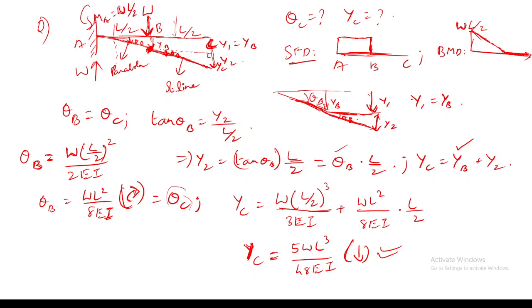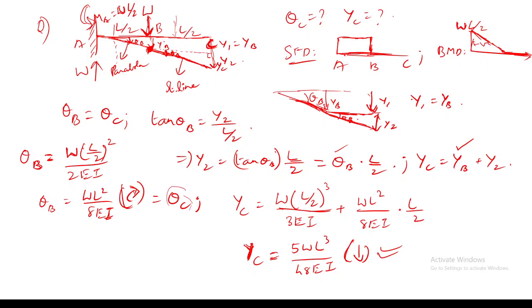Here, the BMD is not inverted. Okay, you are saying the value should be negative, I mean, it should be a negative triangle. For example, this is WL by 2 in the clockwise direction, then this is anti-clockwise direction. No, it's positive, right?